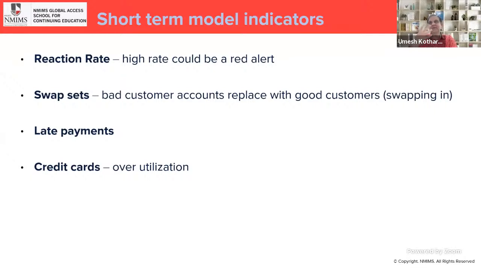Bad customers means without any proper checks done on them. Late payments, a customer is constantly making late payments, and the customer has overutilized his or her credit card for a longer period of time than would otherwise be the case. So the model needs to throw up these things for you to be able to investigate and prevent fraud from occurring.